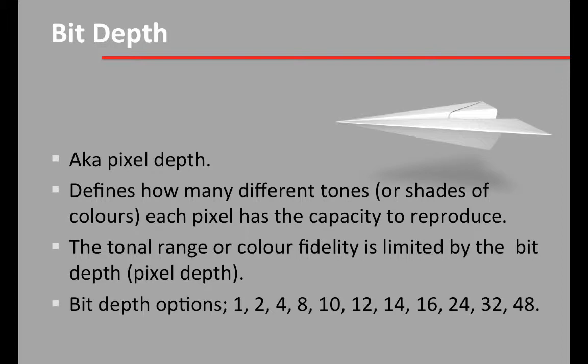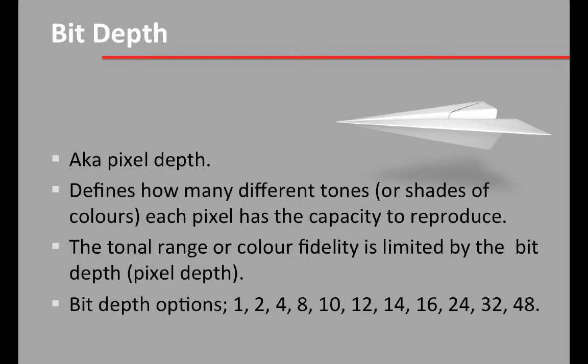The camera's capacity to record tonal values is defined in this bit depth. When we're shooting RAW files, depending upon the camera manufacturer, we're generally shooting between 12 or 14 bit, most likely 14 bit in most modern digital SLR cameras. When we process that RAW file, we generally process it at 16-bit, even though it's really 14-bit.